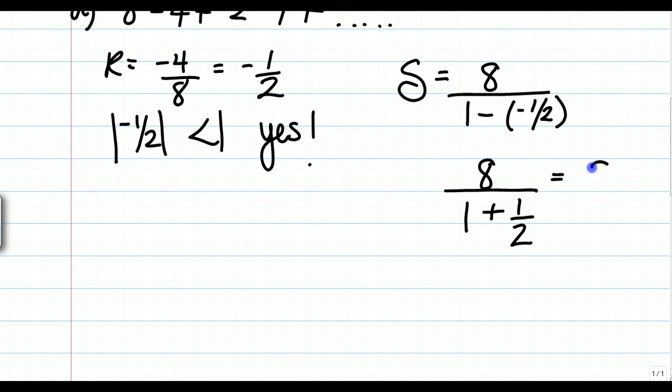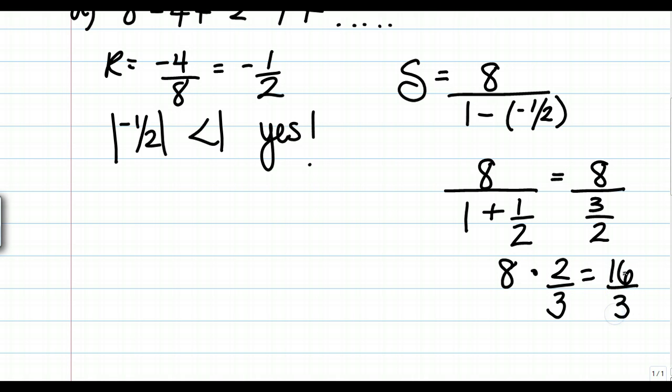So I really have 8 over 3/2. Take the reciprocal and multiply: 8 times 2/3 is 16 over 3. So your answer for your sum is 16 over 3.